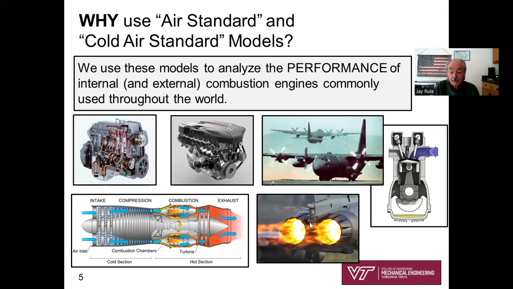Here's the exhaust of a turbojet engine with its afterburners on, and here's a cutaway of a small internal combustion engine that would be operating on the Otto cycle. That's why you're interested in getting good at cold air standard and air standard analyses.